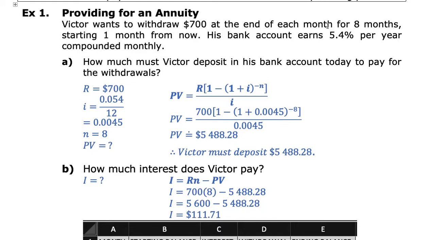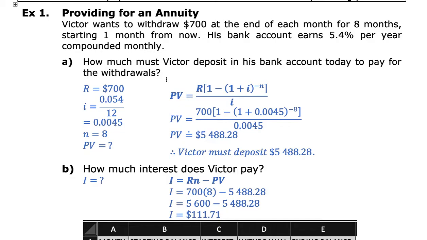And what makes this different than in previous sections, we want to know how much must Victor deposit in his bank account today to pay for the withdrawals.